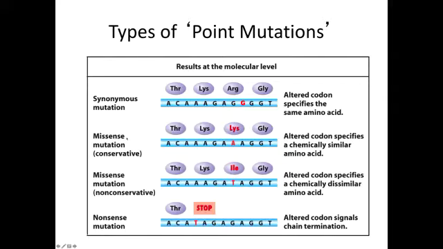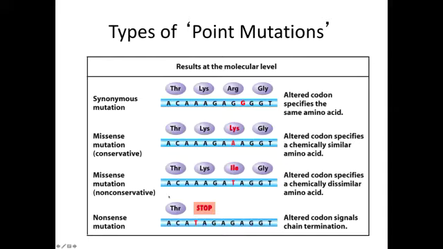But the different amino acids have different chemical properties. In this particular case, arginine is somewhat similar to lysine, so we would call that a conservative change because the altered codon specifies a chemically similar amino acid. However, if there's a drastic change, for example in the case of isoleucine, the altered codon might specify a very dissimilar amino acid, and in this case we would call this a missense mutation that is non-conservative.